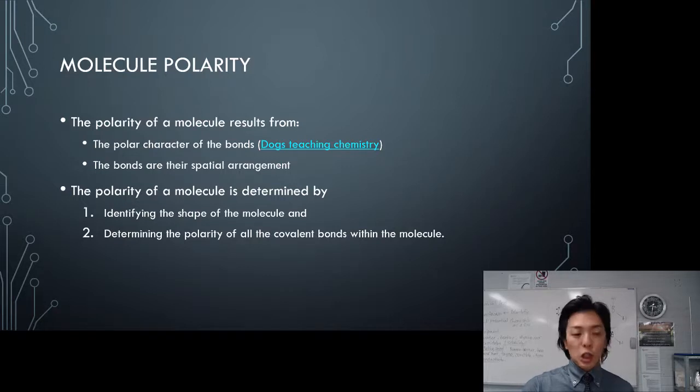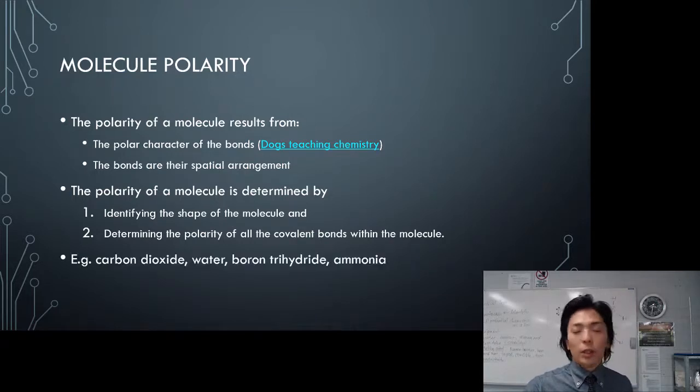Firstly, identify the shape of the molecule, and then determine the polarity of the covalent bonds, and from there, the molecule itself. Now we'll look at 4 different examples: carbon dioxide, water, boron trihydride BH3, and also ammonia NH3.